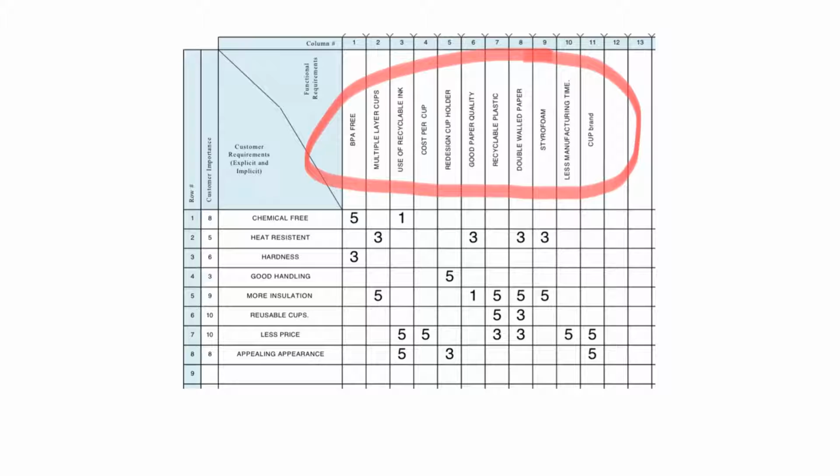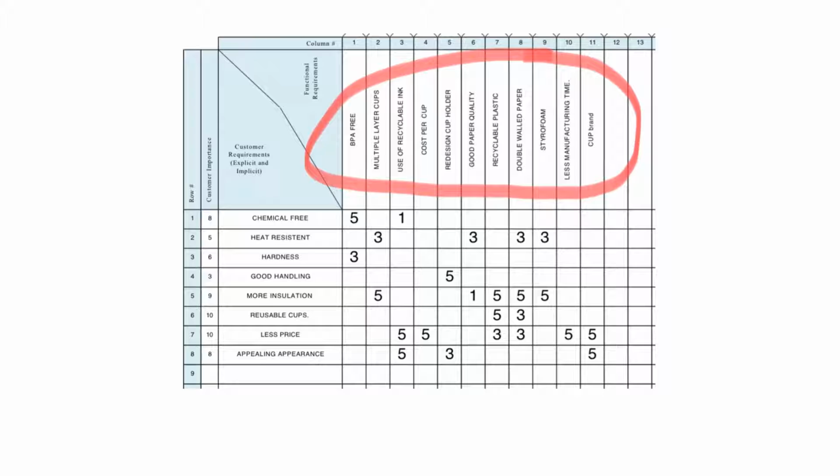As we see in the table, the horizontal column represents all our engineering solutions. The first thing is BPA free. That's our solution for a chemical free coffee cup. The next one is multi-layered cup, which, if the cup is multi-layered, results in a problem for heat resistance and hardness.